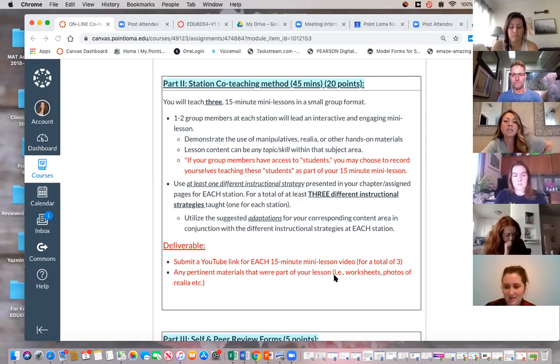Then the lesson content can be any topic or skill within the subject area. So you're modeling the strategy, teaching us about the strategy using whatever content you were assigned, whether it's literacy, math, social science, or transition. And as I mentioned earlier, if your group members have access to students, quote unquote, you may choose to record yourselves teaching them as part of your 15-minute lesson.